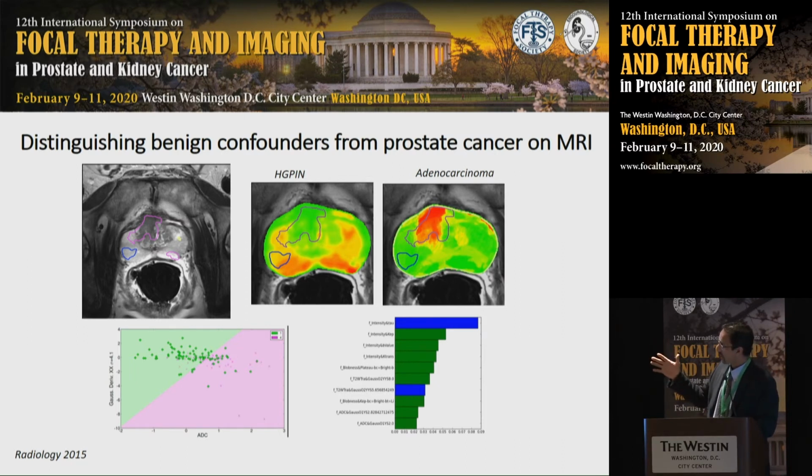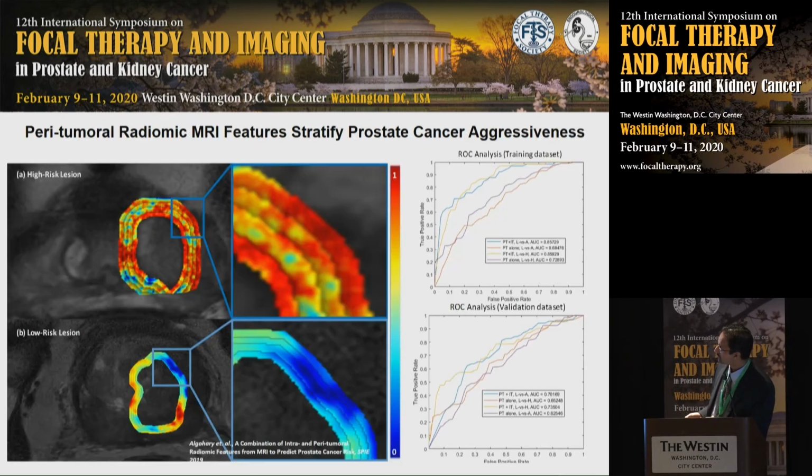So doing a similar rad-path fusion correlation, working with the folks in Nijmegen, we reported on a study where we again mapped the tumor extent from path onto rad, identified areas specifically of high-grade PIN on the path, adenocarcinoma on the path, and the areas corresponding to inflammation and atrophy, mapped them onto the MR, and teased out radiomic signatures that were unique for the adenocarcinoma versus high-grade PIN versus inflammation and atrophy.